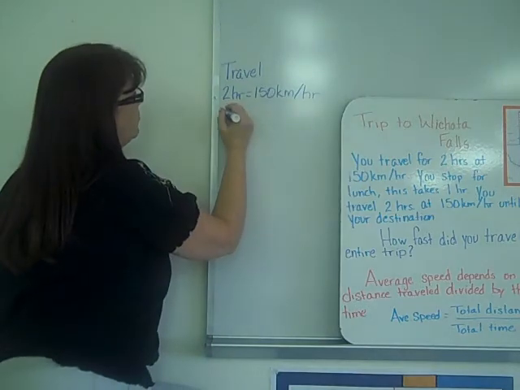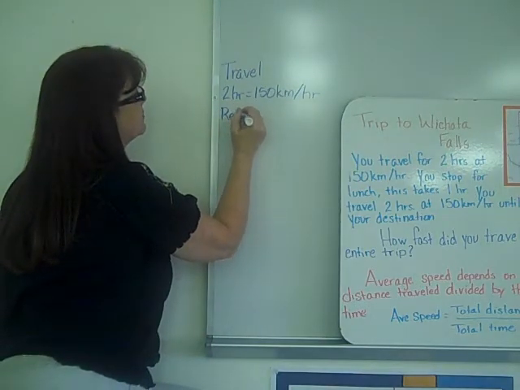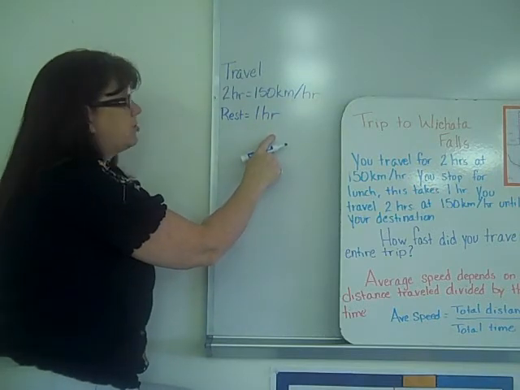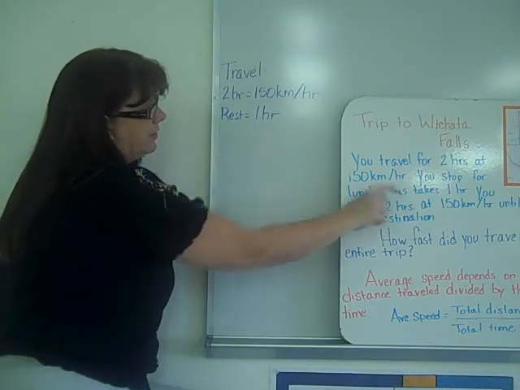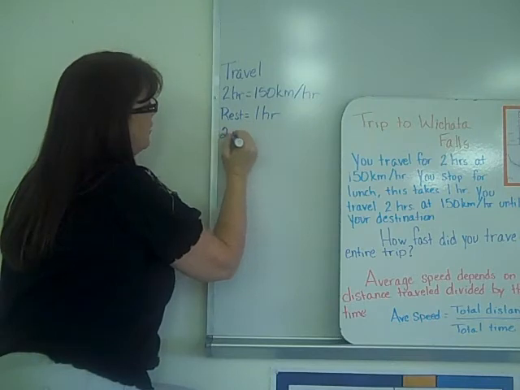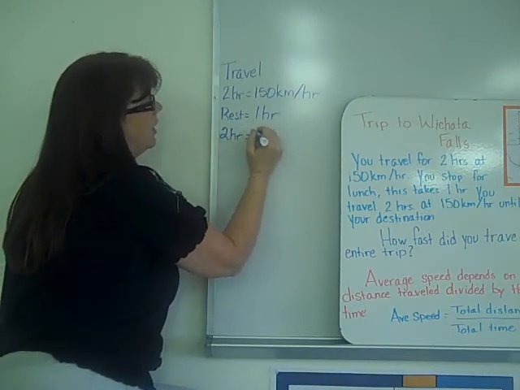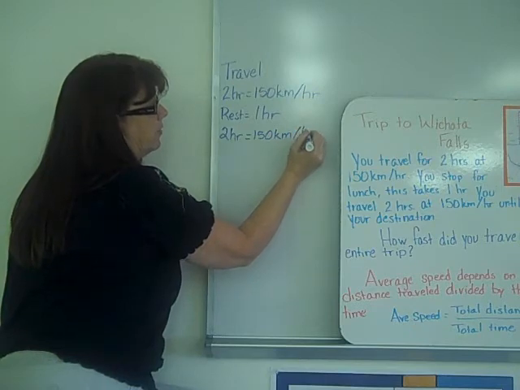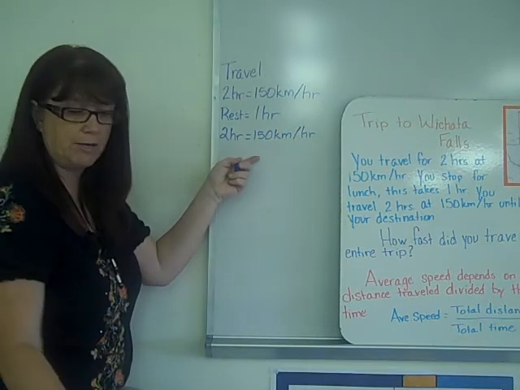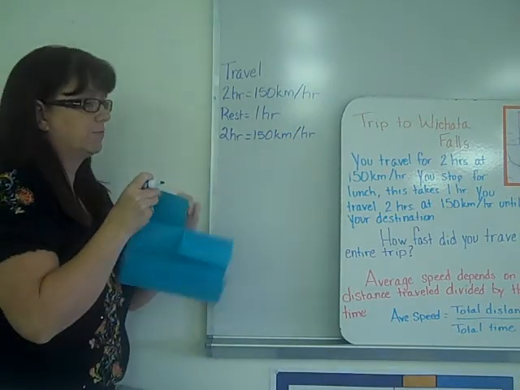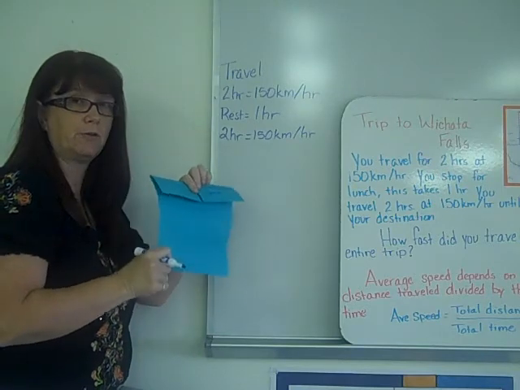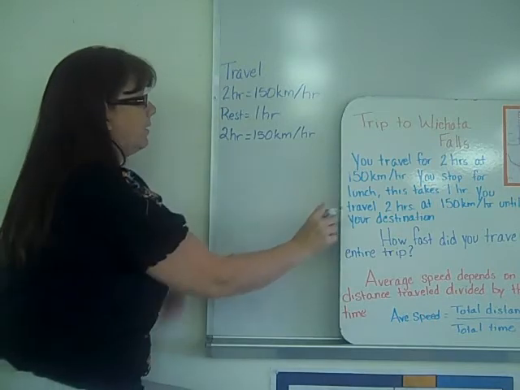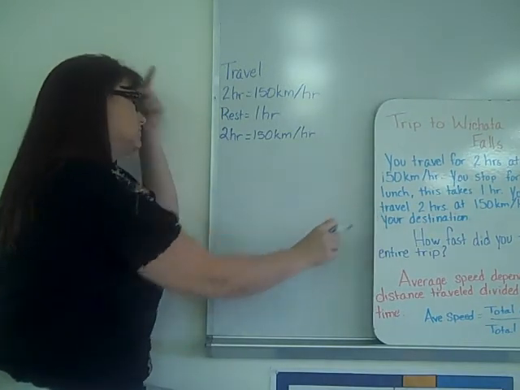And then we're going to rest for 1 hour, because that's when we're eating lunch, we're not traveling. And then it tells us that we traveled another 2 hours at 150 kilometers per hour. Make sure that you've written this information underneath your average speed flap. All right, let's go in and calculate this.